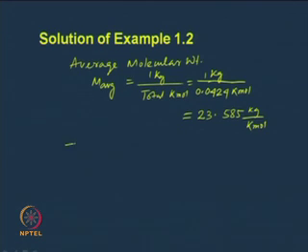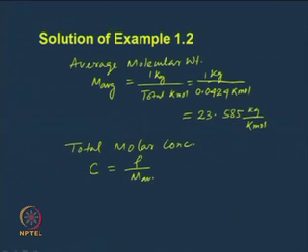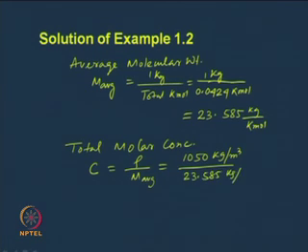Now, the total molar concentration is defined as C is equal to rho by M average. So, rho is given, which is 1050 kg per meter cube, divided by M average, which is 23.585 kg per kmol.